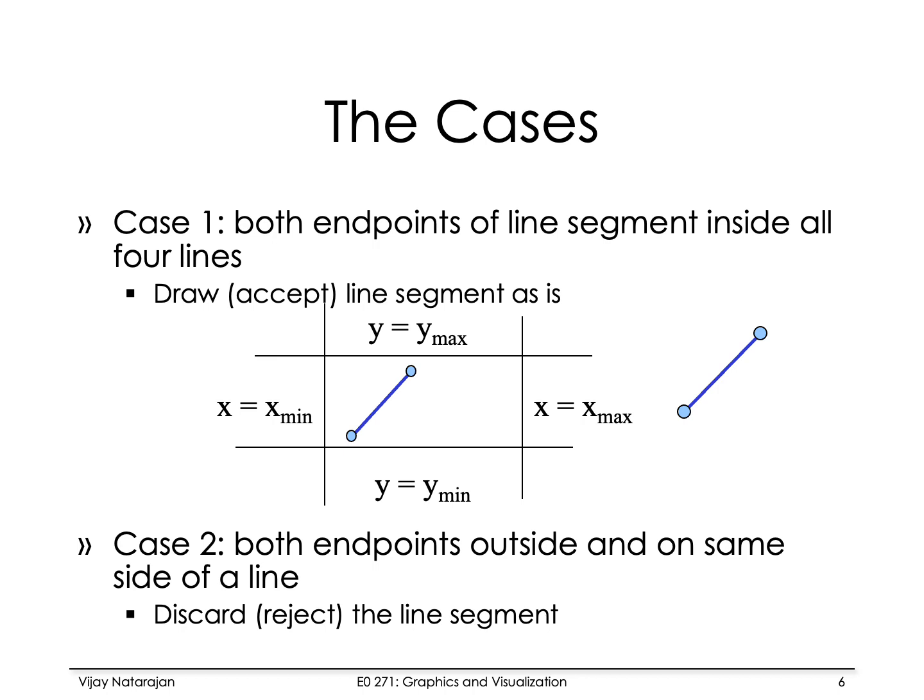So for example, here the line segment lies outside x equals x max. So this is again a special case, right? So you have the two endpoints and both of them lie outside x equals x max. So by outside I mean in the direction that lies outside of the clipping window. So in this case, naturally, we would like to discard the line segment.